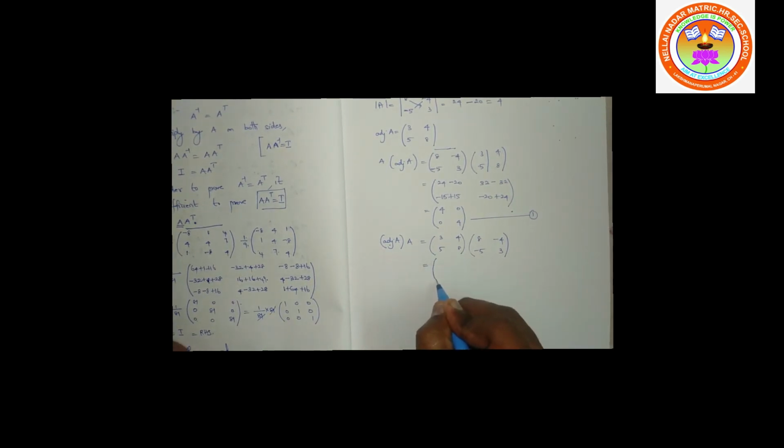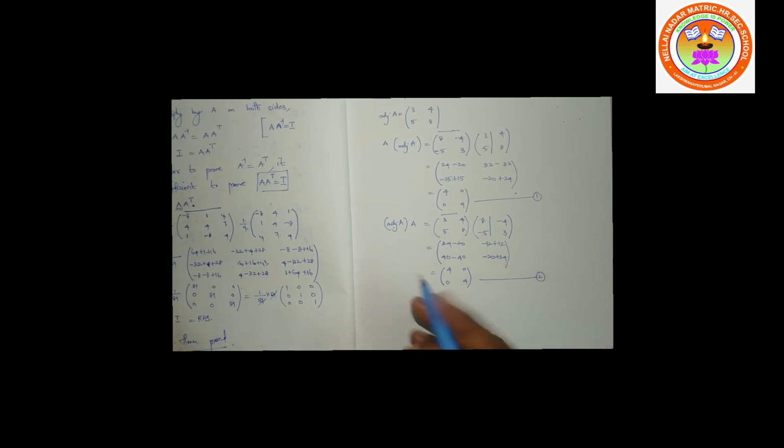Multiply, what will happen? 3 eights are 24, 4 into minus 5 minus 20, 3 into minus 4 minus 12, 4 into 3 plus 12, 5 eights are 40, 8 into minus 5 minus 40, 5 into minus 4 minus 20, 8 threes are 24. 24 minus 20 is 4, minus 12 plus 12 is 0, 40 minus 40 is 0, minus 20 plus 24 gives us 4. Keep it as equation 2.